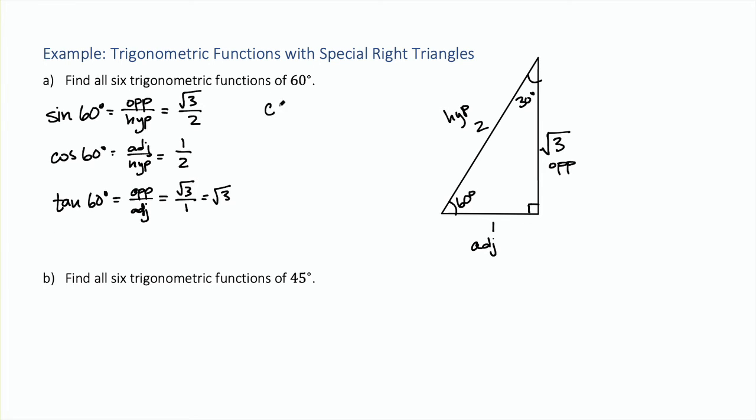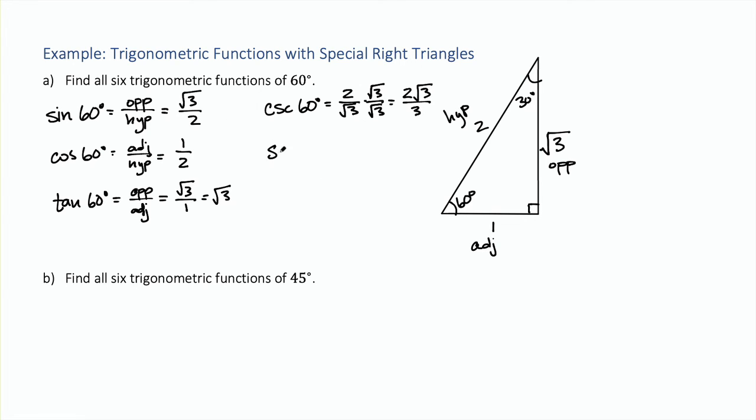Then we have the cosecant, and I'm going to use the fact that the cosecant is the reciprocal of sine. So I just flip that around, it's 2 over root 3. If you'd like to rationalize the denominator here, you are welcome to do that by multiplying by the square root of 3 on top and bottom. And we get 2 root 3 over 3.